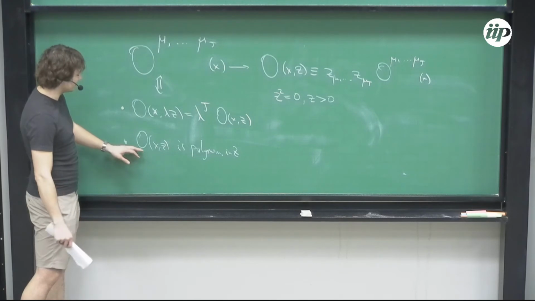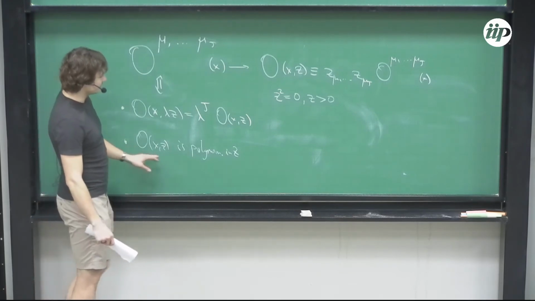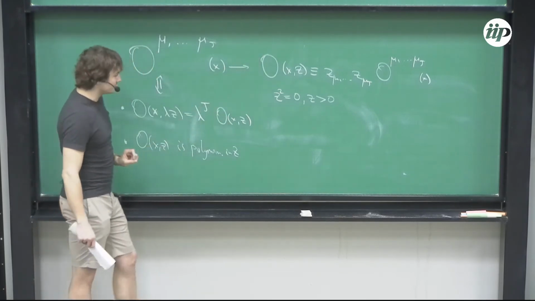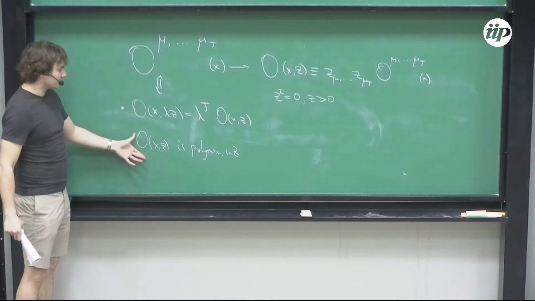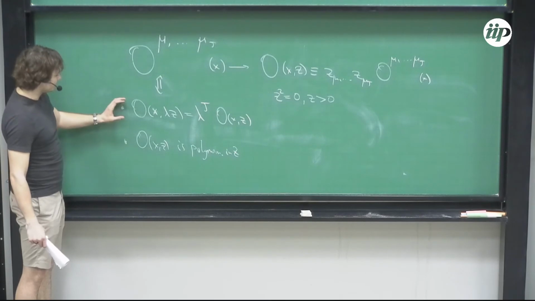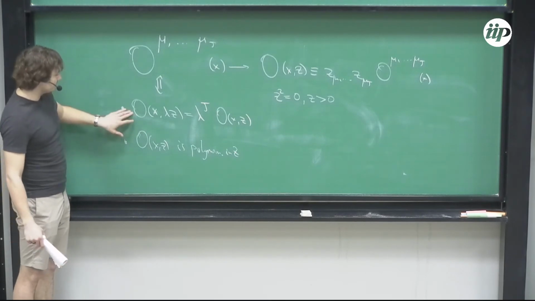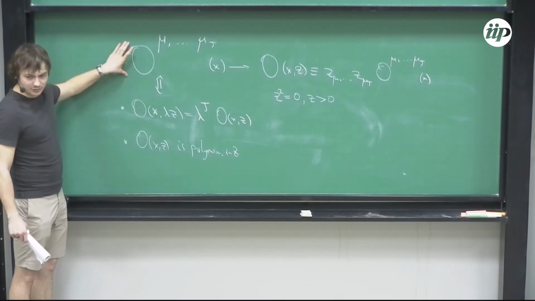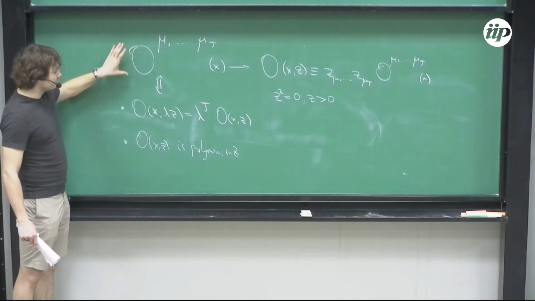Roughly speaking, you can think of this as just saying that O of x,z has this expression, but there is a more intrinsic way of defining this. I just don't want to spend time on it. And then the statement is that if you have a function with these two properties, then you can uniquely reconstruct from it this traceless symmetric operator and vice versa.